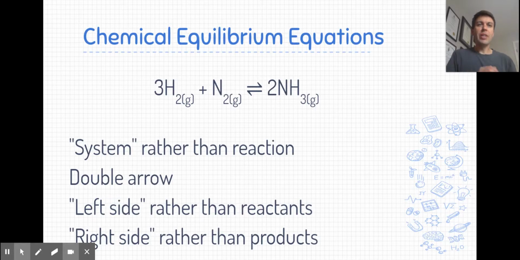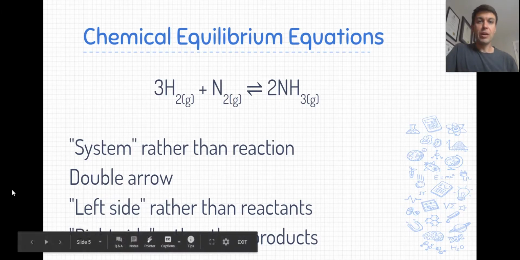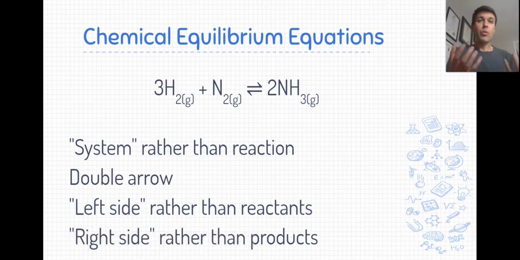There's some terminology that you need to be aware of when we talk about chemical equilibrium. We'll use chemical equations, but they look slightly different, and we're going to use some different language, and it's important not to be confused by the terminology. So the first thing is that you're going to hear the word system described rather than a chemical reaction. And a chemical system is just talking about all of the chemical species that are present on both the reactant side and on the product side.